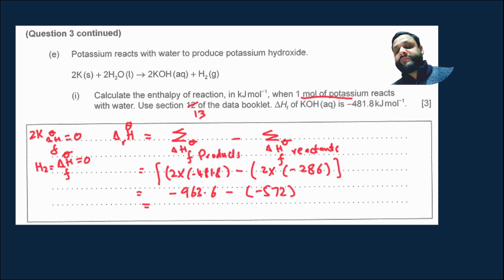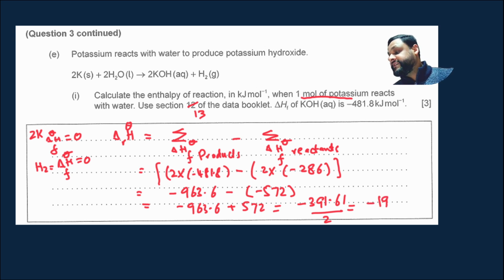So minus 963.6 plus 572 will be minus 391.6. This is for 2 moles. The question says for 1 mole, so if we divide that by 2, we will have minus 195.8 kilojoules per mole.